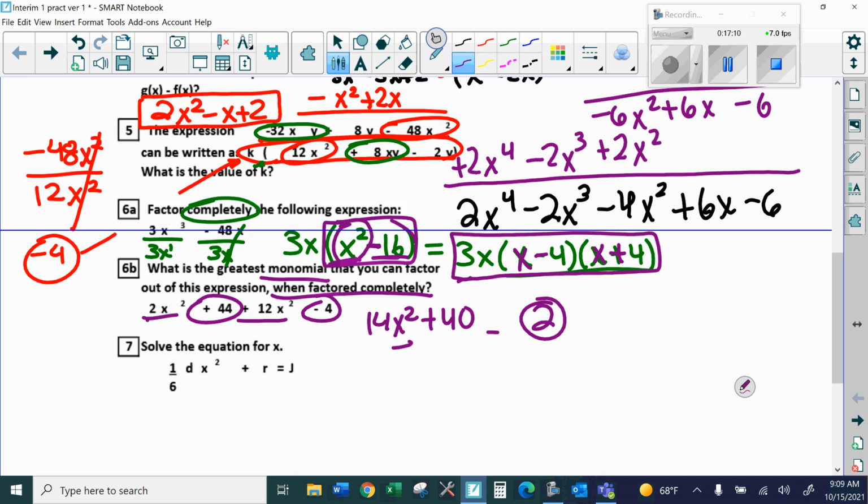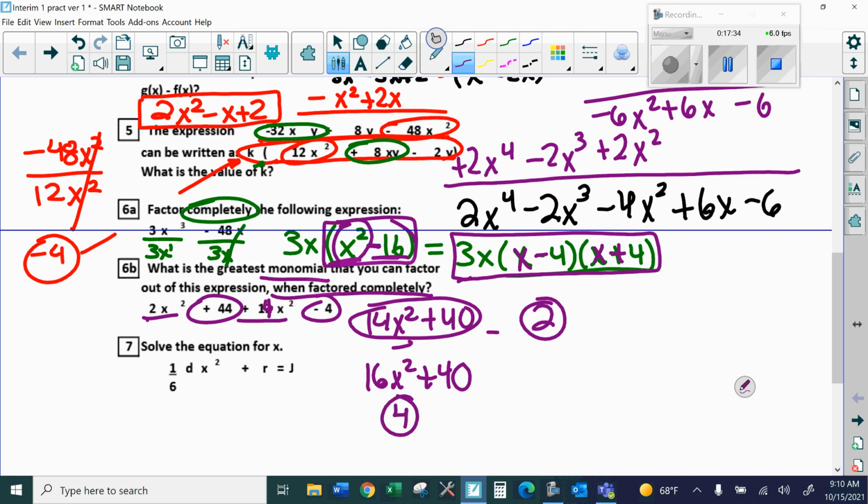So even though I could have got it from here, that doesn't mean that's always going to be the case. I need to combine like terms first, because then I might have a bigger one. Such as if this was a 14x squared, I would still be looking at that as 2, but then I'd have a 16x squared plus 40. Well, now the GCF between 16 and 40 is 4.